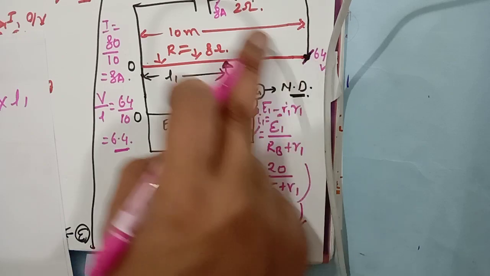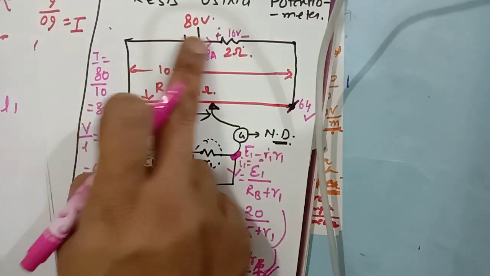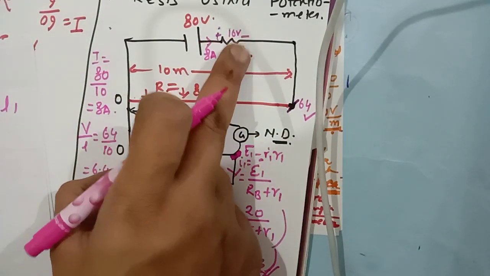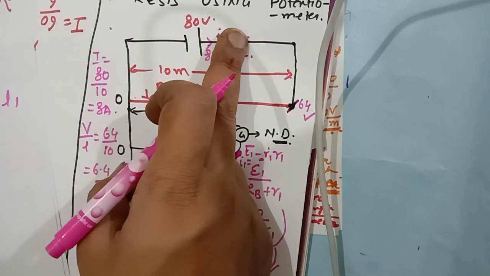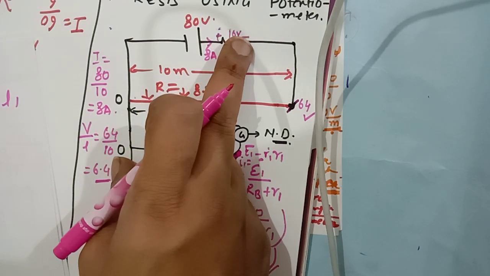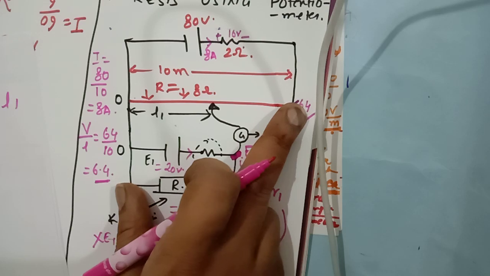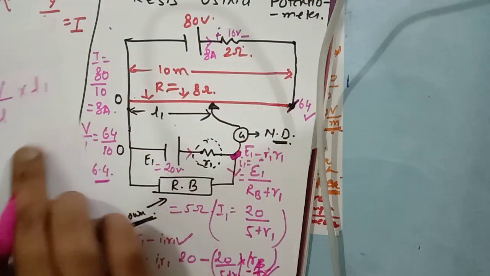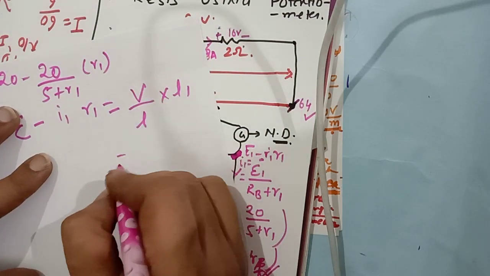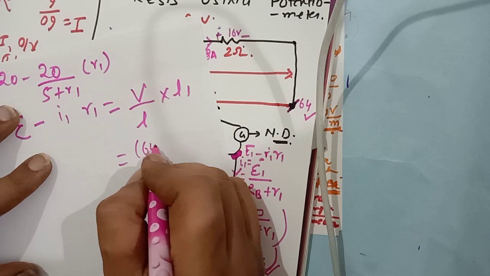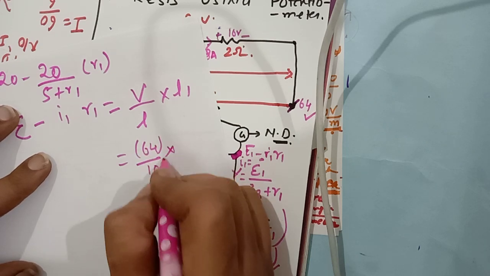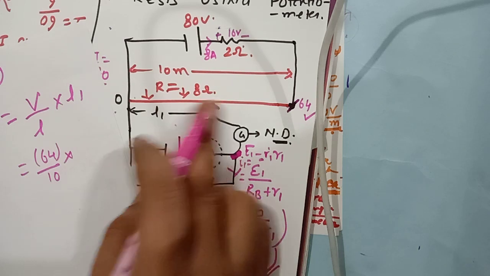It is 64. Why? There is 8 ampere current flowing through this circuit, and 8 into 2, 16 volts will be lost over here. So the rest of the 64 will appear across the wire. So what is V over here? Voltage across the wire. What is V? 64 divided by total length 10 into what is L1? L1B?